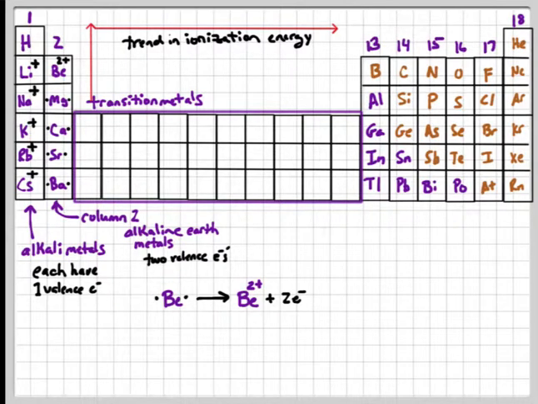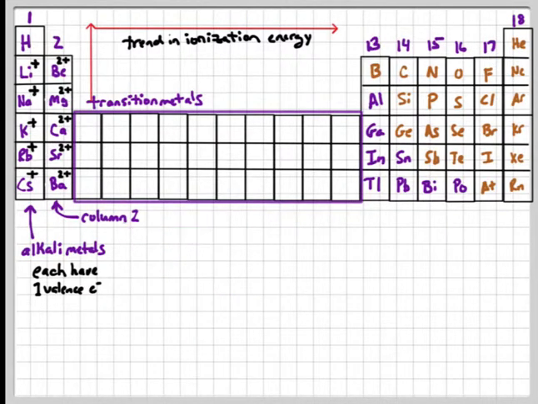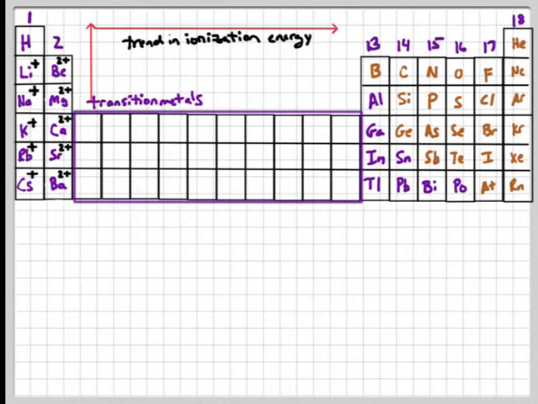Now the balance of charge in that atom is going to be 2 more protons than electrons, and therefore a 2 plus charge. And of course, that will be the case for all of the elements in that family. So we have beryllium 2 plus, magnesium 2 plus, and so forth.